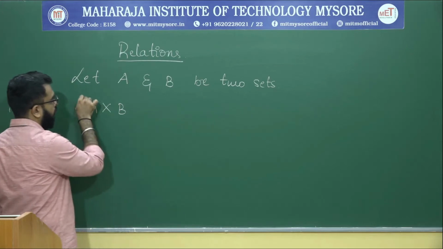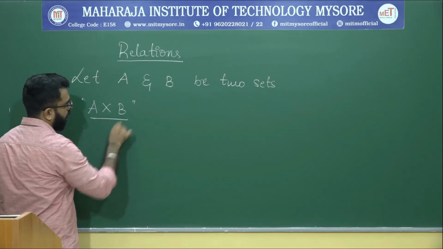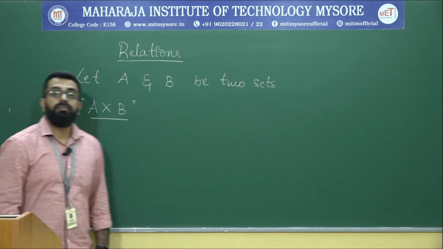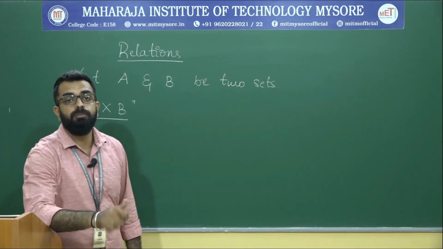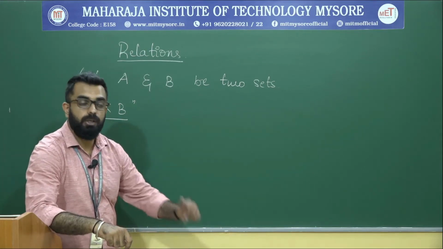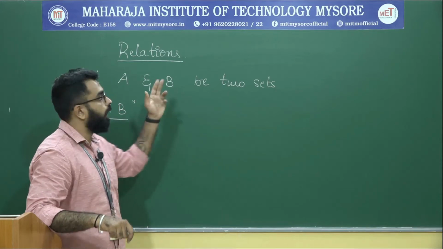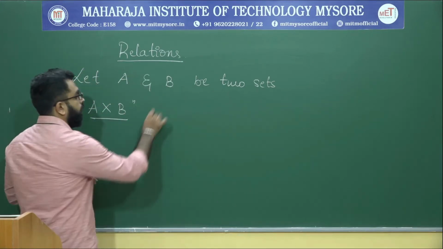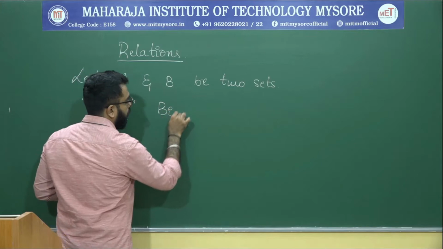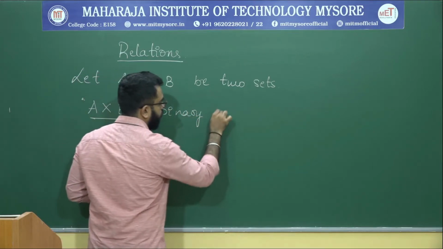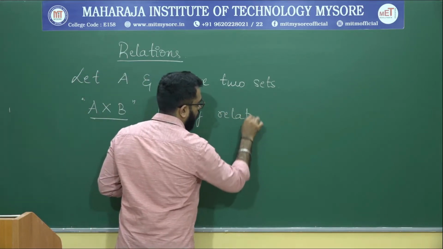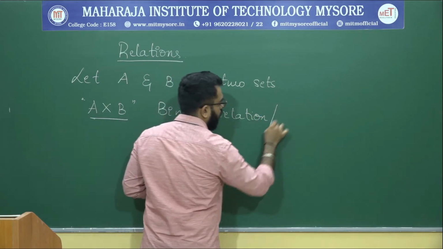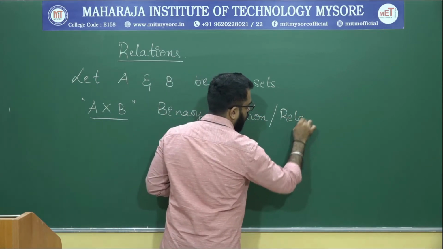So if I have the Cartesian product set A cross B, and if I am able to write a subset of A cross B, then it is called a binary relation, or just a relation.